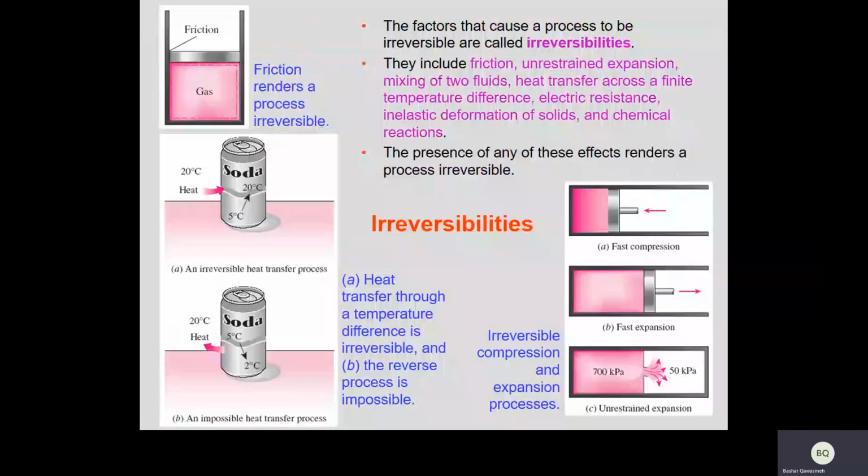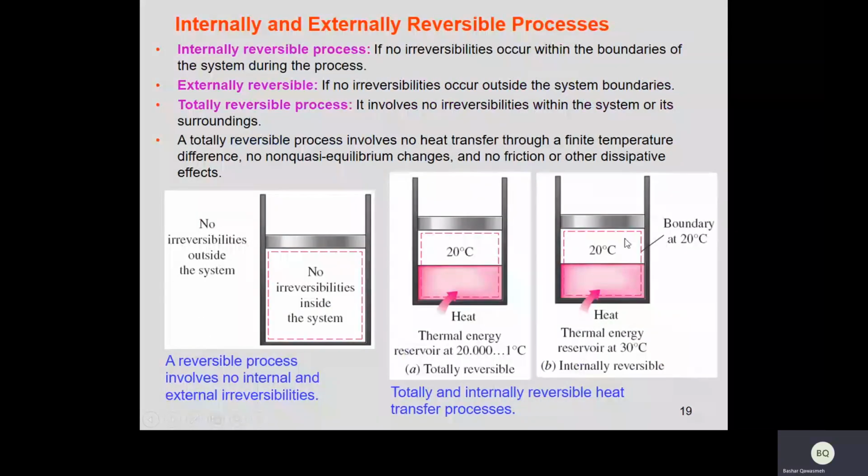And as we mentioned in the previous slide, heat transfer across a finite temperature difference is one of the irreversibilities. So that's why this system here, B, is considered just internally reversible, not externally reversible. So it's not totally reversible.